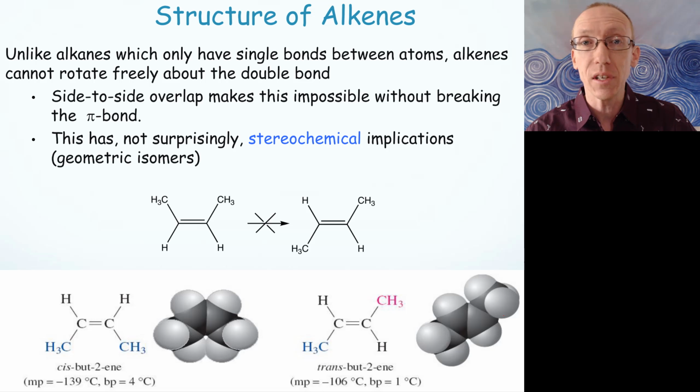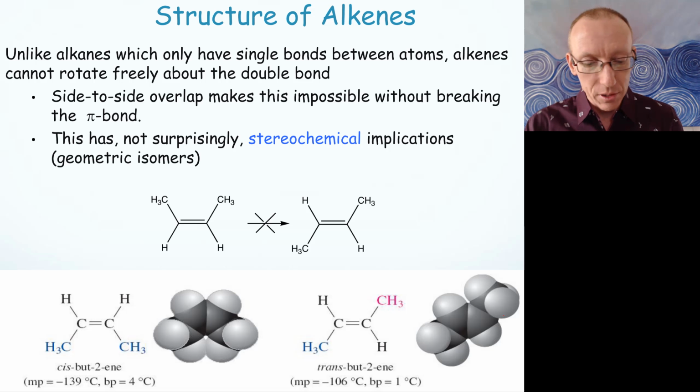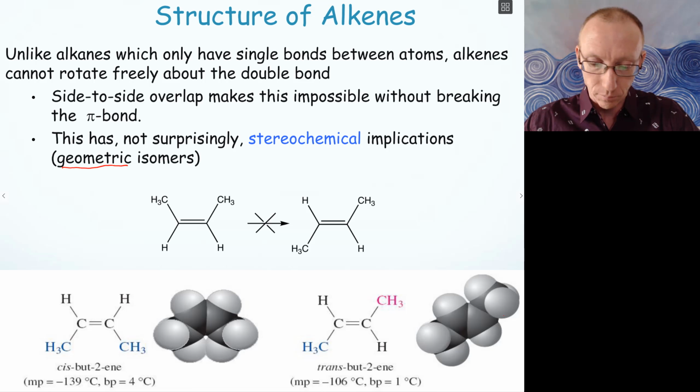So stereochemistry is the three-dimensional arrangement of atoms within a molecule, where we could have two stereochemical isomers that only differ in the three-dimensional arrangement of the atoms and not the actual connectivity of which atom is connected to which. We also sometimes call these geometric isomers.